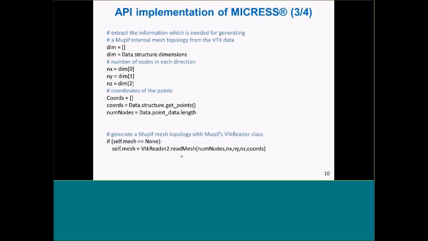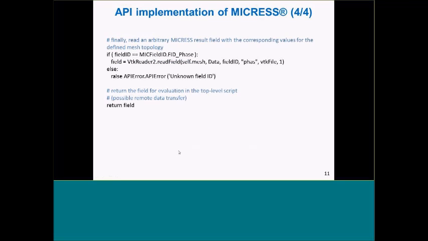Then the next step for the MuPIF framework is to set up the mesh topology, so setting the dimensions and the point coordinates for an unstructured VDK mesh. And then this routine from the MuPIF framework will set up the topology, and we have to fill it then with the special data from the VDK file here. It's the phase field, which will be put in this field object of the MuPIF framework.